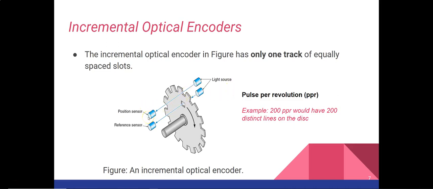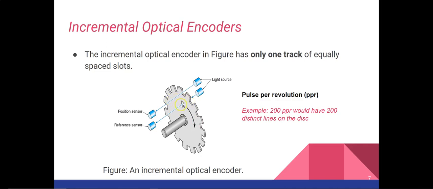Now you see we have two sensors, a position sensor and a reference sensor, and two light sources which will shine light on each sensor. If you want to measure the direction, then you will check the channels, and whichever arrives first will show the direction of the disk.